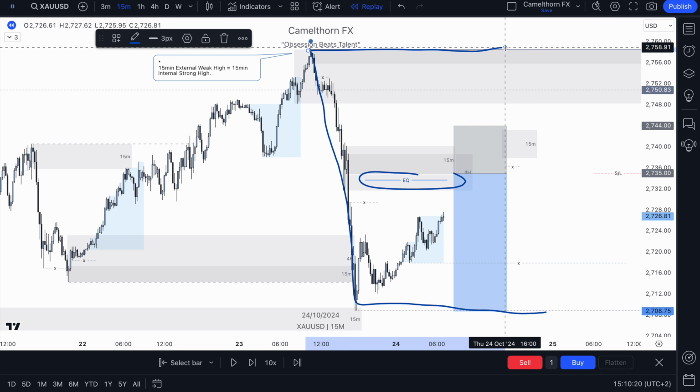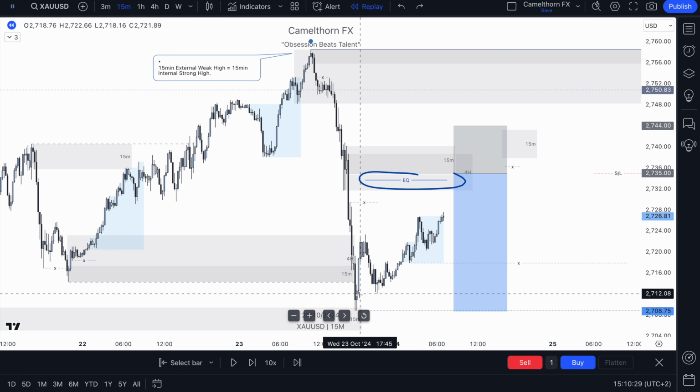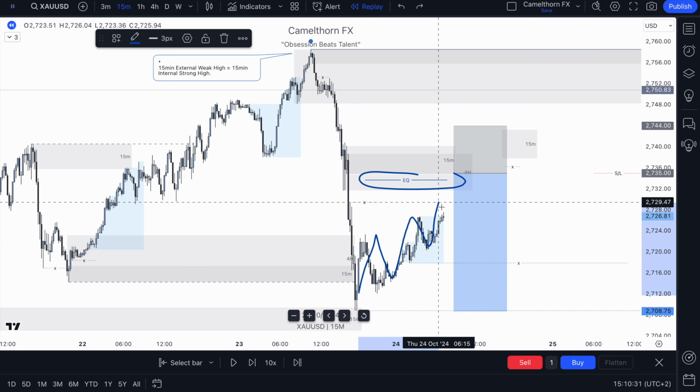And so I am anticipating the possible formation of a bearish flag based off of this large drop and this low volume pullback phase.